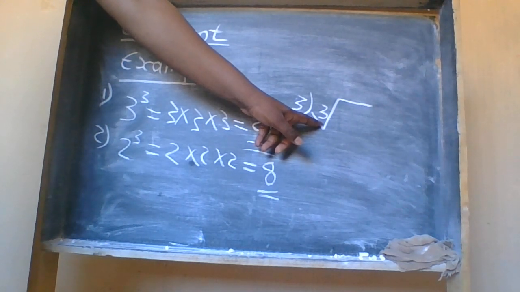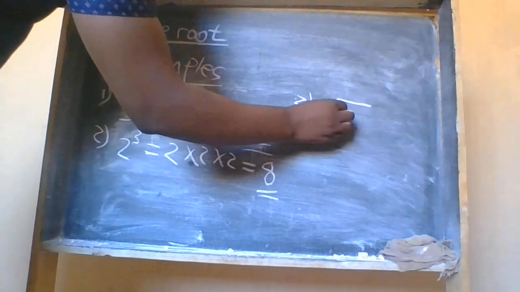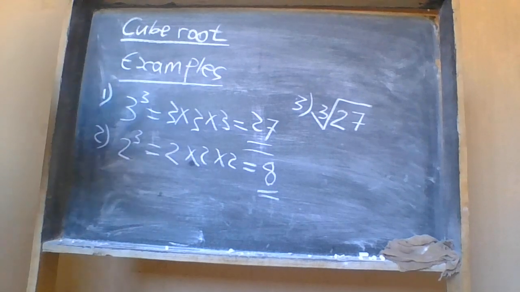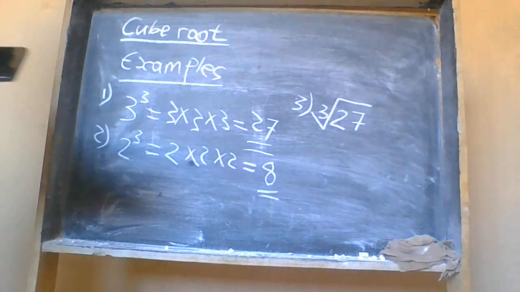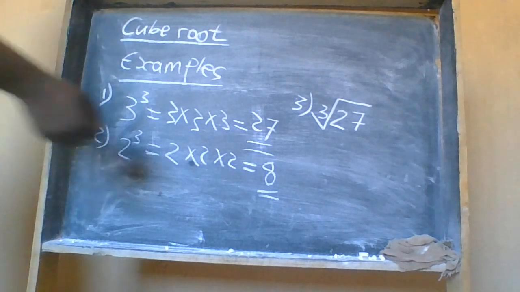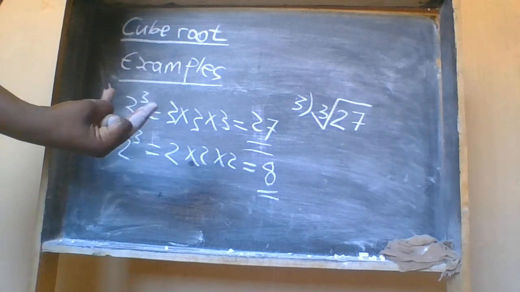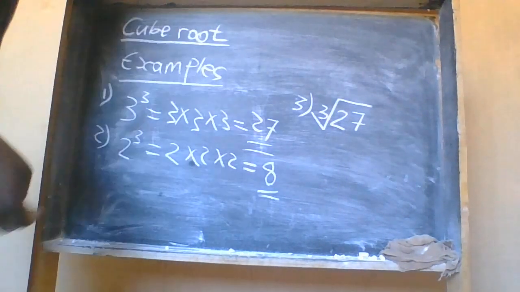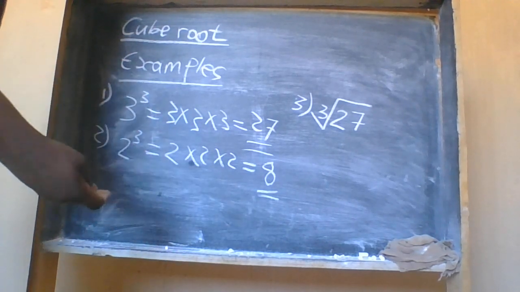So, the cube root of 27. What is the cube root of 27? This simply means we are looking for a number that we can multiply 3 times to get 27. What is that number? Of course the number is 3.